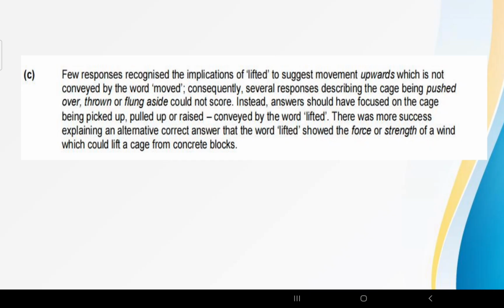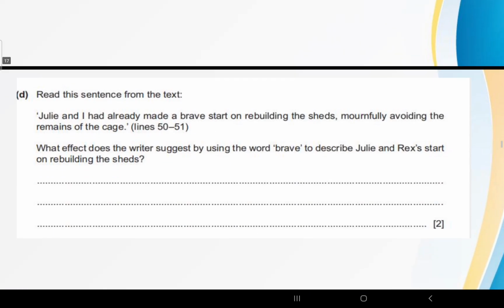So you can stop the video here, take a screenshot, and read it yourself. Basically, by using the word lifted, the writer is trying to convey the strength of the wind, or an upward movement that the word moved cannot convey.